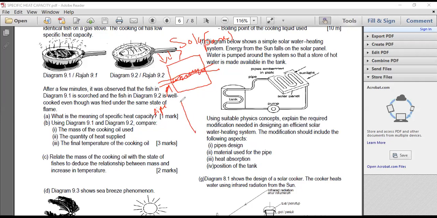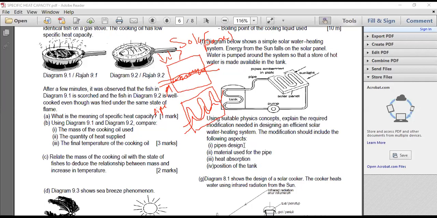So usually what we do is we make the pipe into a coil shape. That means to increase the area of contact with the solar panel. So the pipe design here is already in coil shape. We say more coil.